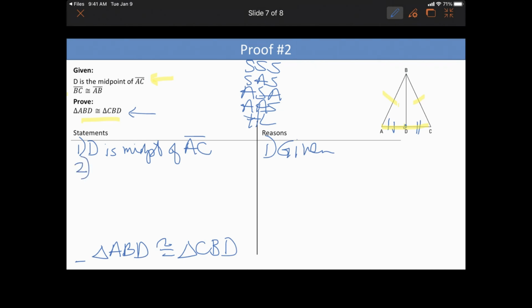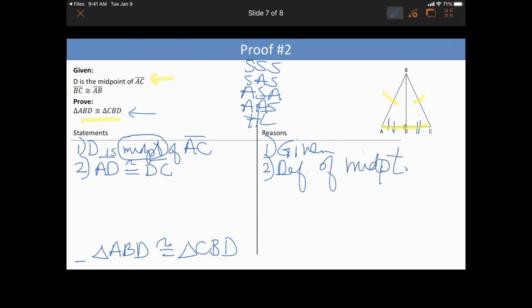So I know it's equal, but you can do congruent, the two congruent parts. And why is that? Well, isn't it just what we said? It was the definition of a midpoint. Another good clue to know it's a definition: it has the word midpoint. So pretty good odds for that. Definition of a midpoint.